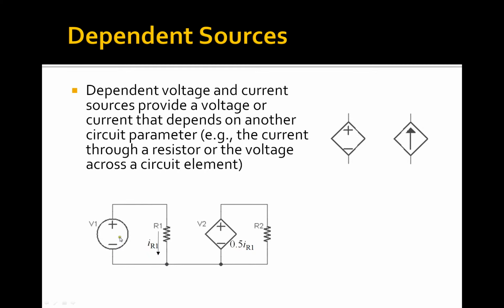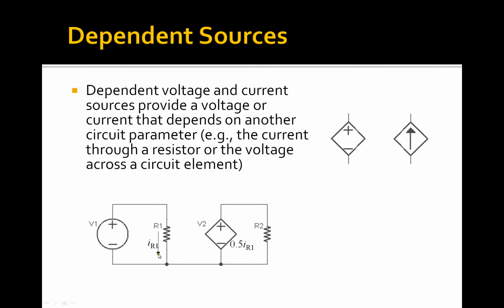An independent voltage source or an independent current source will have a number beside it that represents the constant value of the voltage or current that's supplied. The dependent source will have some variable representation of its dependent nature. So here, this voltage supply will act exactly like a dependent voltage supply, except it provides a voltage proportional to 0.5 times the current through resistor 1.